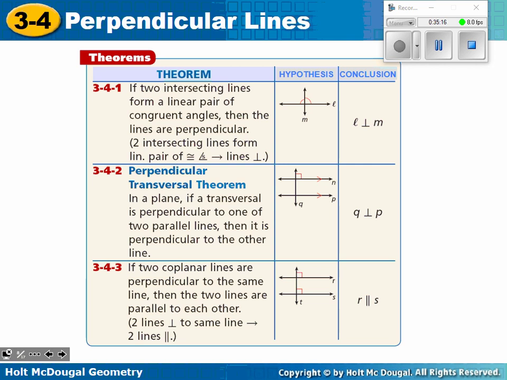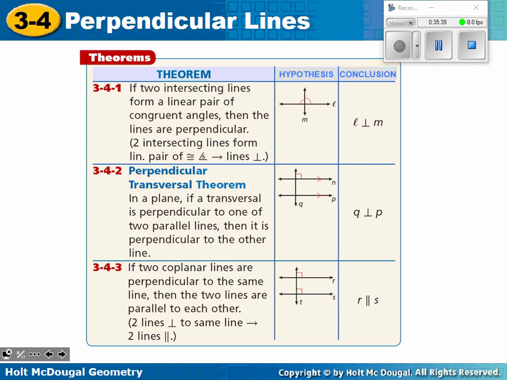Okay, we're going to make a list of the ways to prove lines parallel, and then the ways to prove lines perpendicular.